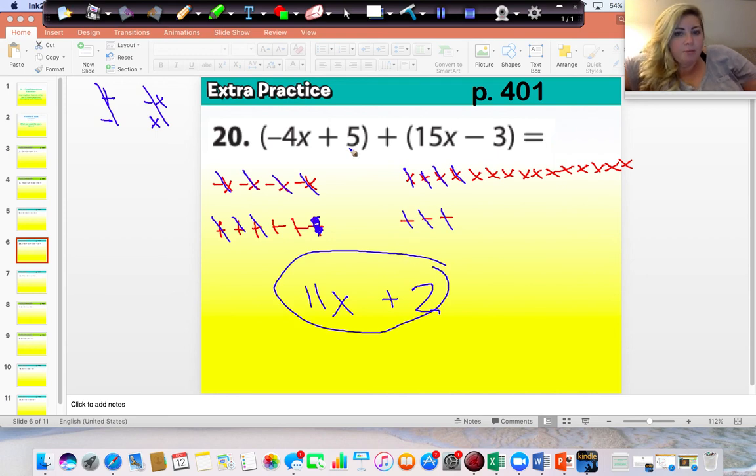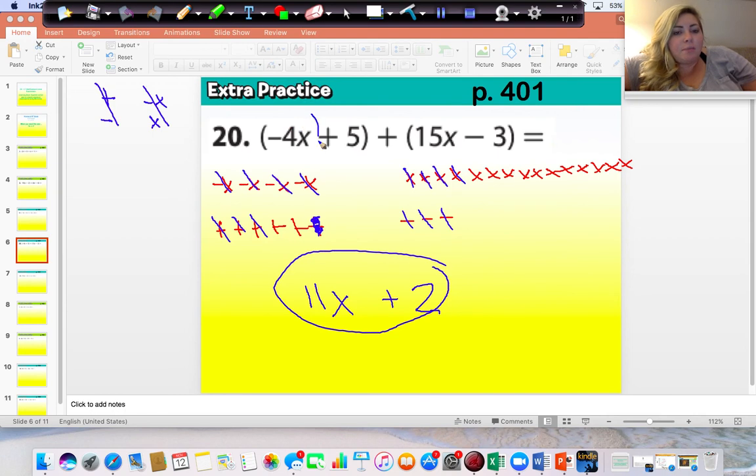Some of you are going to be able to look at this and not have to draw it out. However, drawing it out is going to get you the answer 100% of the time. Okay? When we do this in our head, sometimes it's not as easy to see.